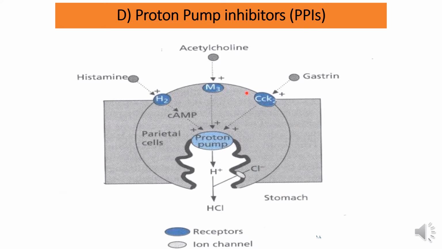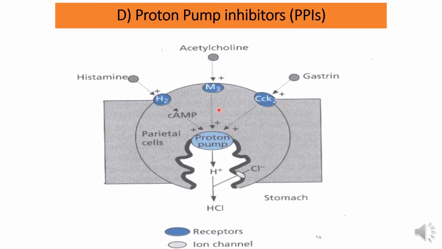This is the stomach. The stomach has receptors like histaminic receptors, which work on histamine, muscarinic receptors, which act on the neurotransmitter acetylcholine, and CCK receptors, which act on gastrin. On binding of these transmitters onto these receptors, this will cause pumping of the protons into the stomach by the proton pump containing enzyme.